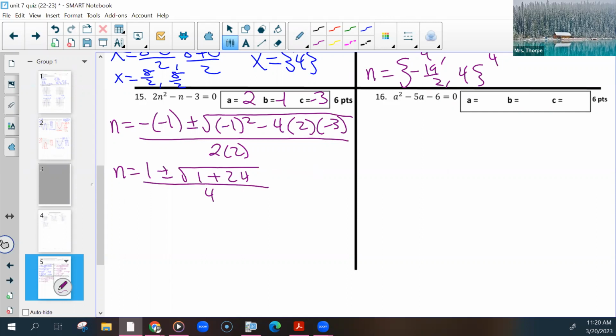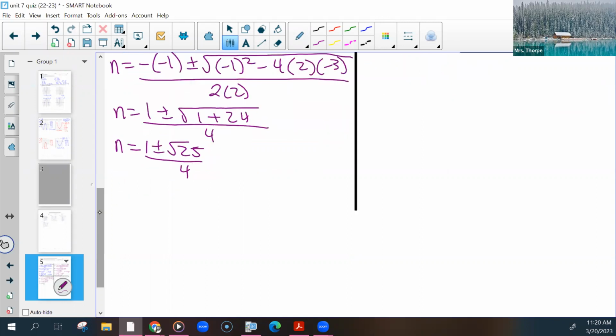And then if you added those, you get 25. The square root of 25 is a whole number, 5.